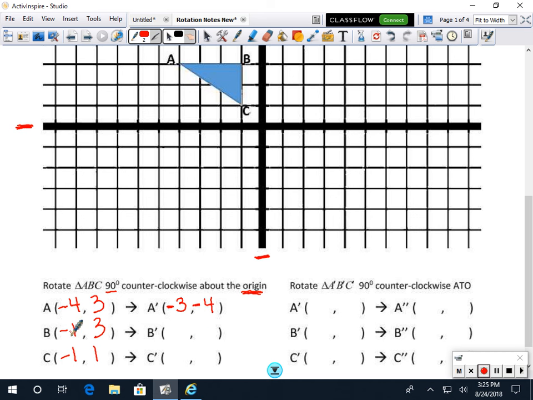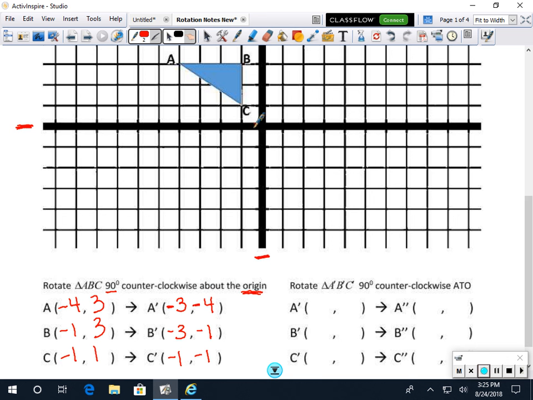For B prime, I'm going to switch these. So it's going to be 3, 1, and then the x and the y both will be negative. And for the C's, again, I'm going to switch it, which 1, 1 will stay 1, 1, but they're both going to be negative. And now I can plot the points of my new graph here.